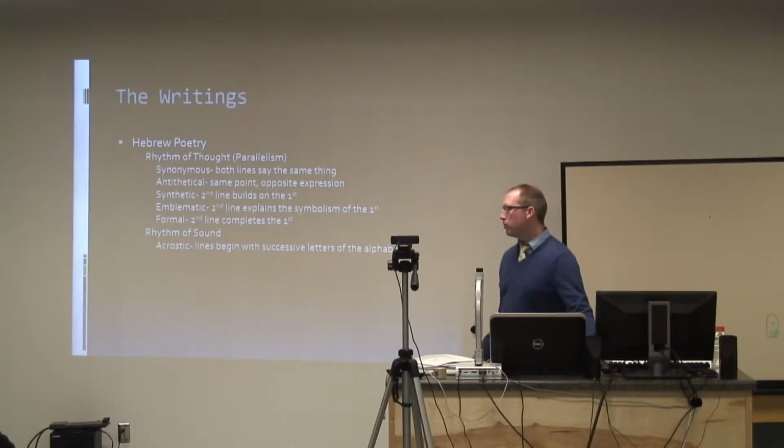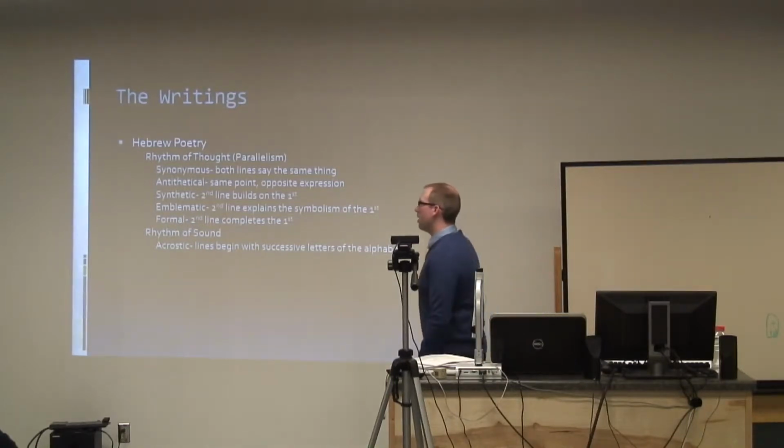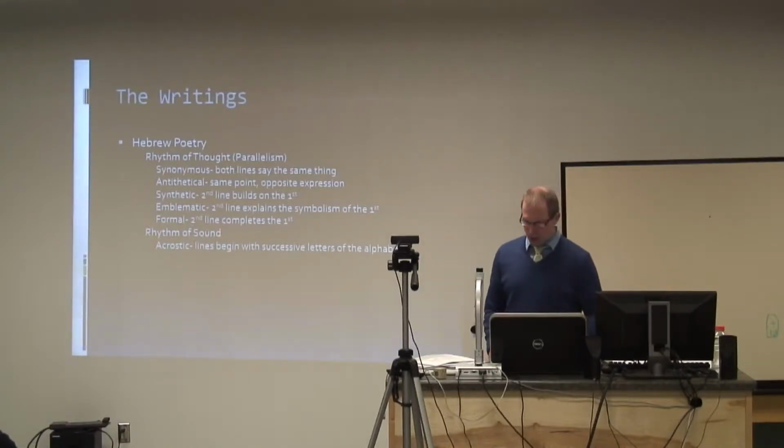Remember that most people wouldn't have had access to a written Bible or written material, so much of this you would have to memorize. And beyond that, we're going to see that the book of Psalms is the hymn book for the nation Israel.